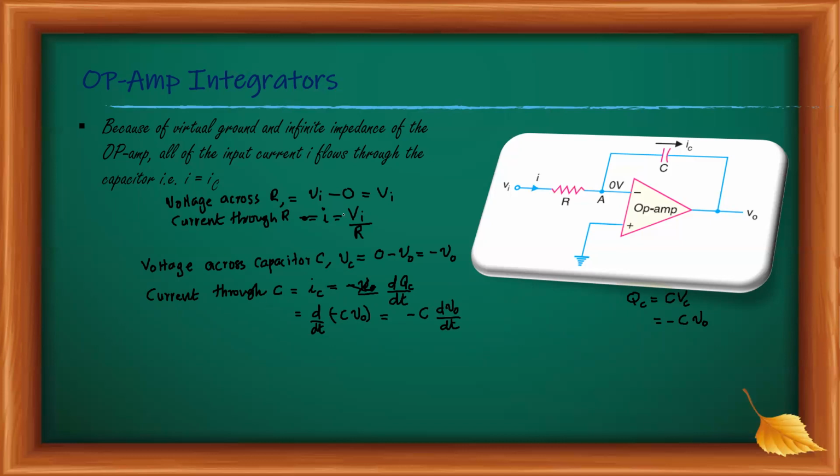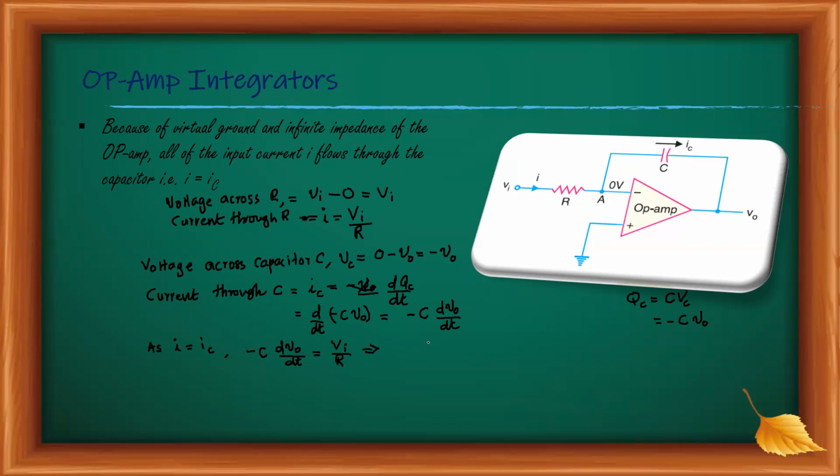And this current is equal to Vi by R. So equating I is equal to IC, we can write minus C dV0 divided by dt is equal to Vi divided by R. We have to find the value of V0.